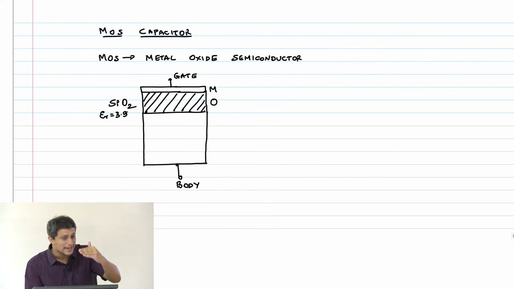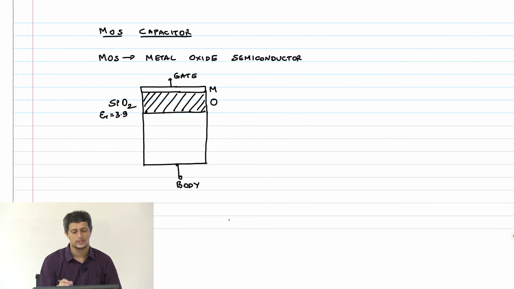So the interface is going to be very clean, right, between the oxide and the semiconductor. If you don't have a clean interface, as you will see later, that will lead to alterations in the threshold voltage. Therefore you have to ensure that that interface is as clean as possible, right?